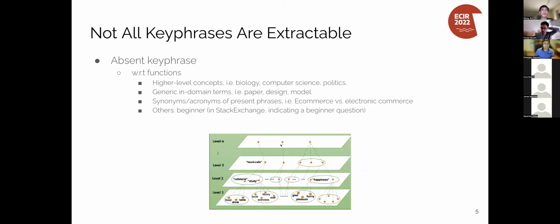Another way to understand those absent phrases is that they can be just some high-level concepts. In that way, we don't see them in the source text, and sometimes they are just synonyms or acronyms of present phrases.